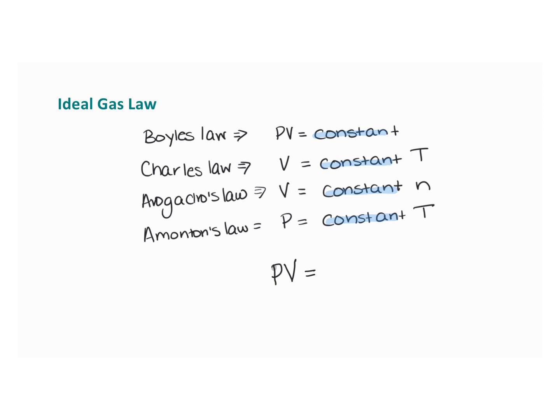That constant is R, and then we have the number of moles times T. So when we talk about the constant, that is R, and that equals 0.08206 liters times atm over moles times Kelvin. Now, this is called the ideal gas law.